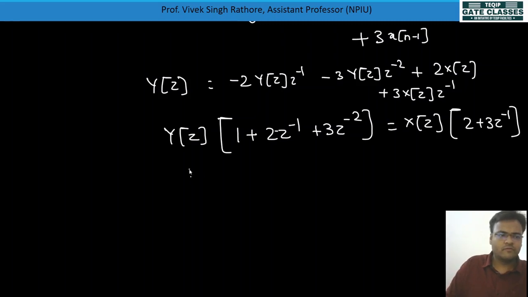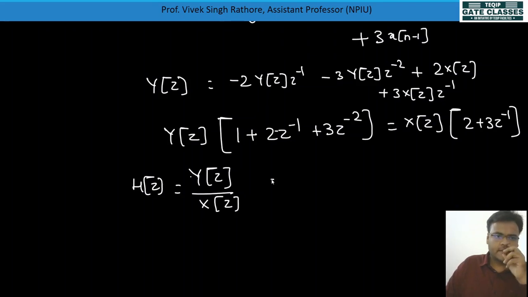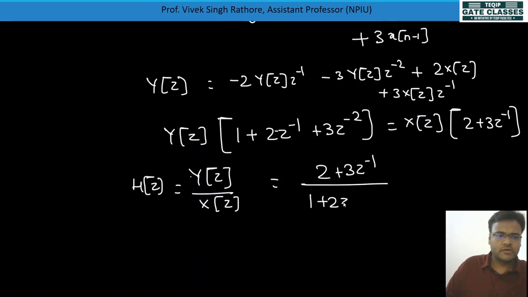So Y of z by X of z is equal to H of z. H of z will be 2 plus 3 z minus 1 over 1 plus 2 z minus 1 plus 3 z minus 2.